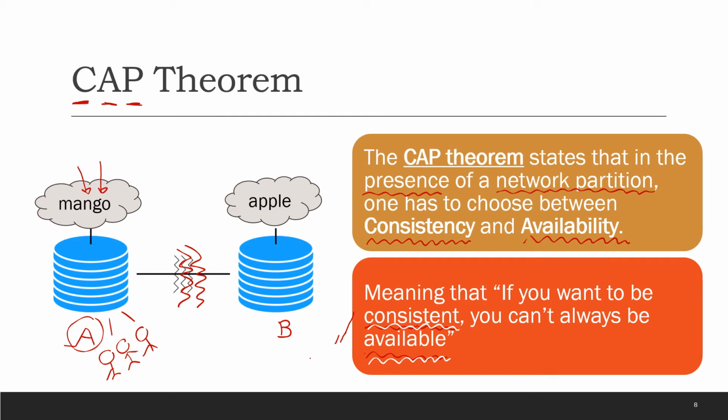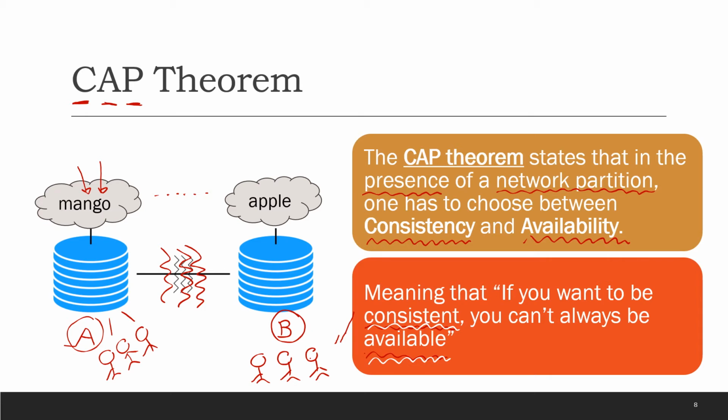But with this update and with the network failure, it's not possible for the synchronization of the update to happen to node B, meaning that users of node B still access and use the system because we want availability, right?